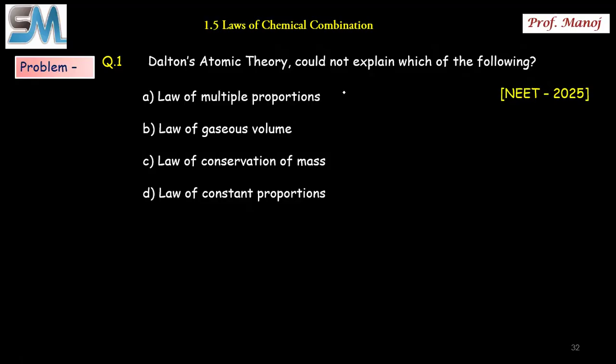Law number A is about mass, conservation is about mass, proportion is about mass. Dalton's theory talks more about masses, never about volume. So the answer for this would be law of gaseous volume.